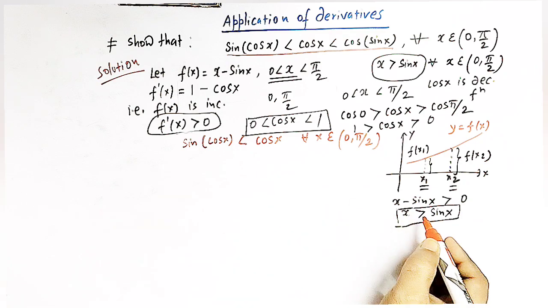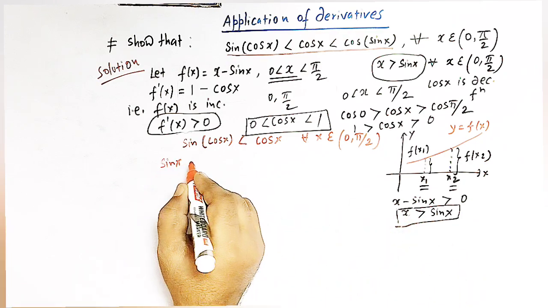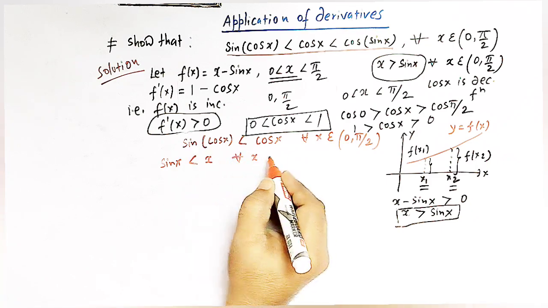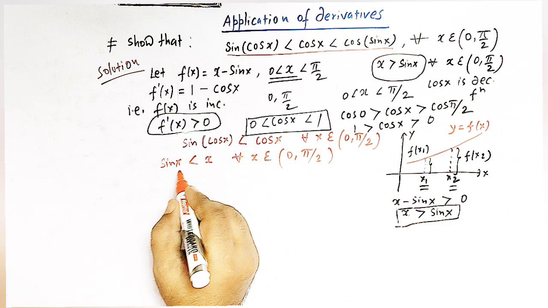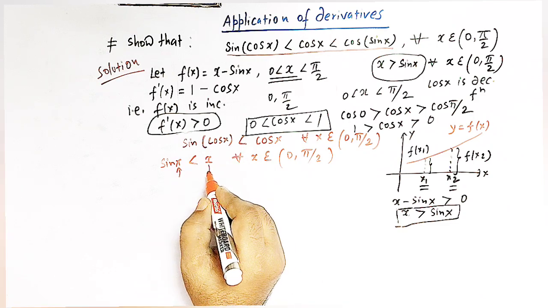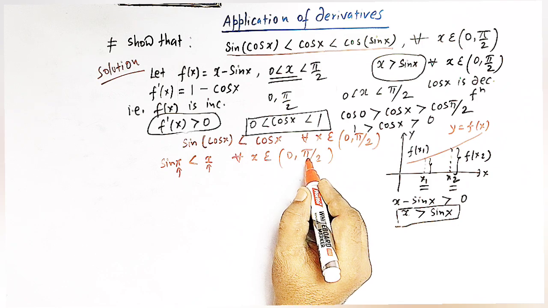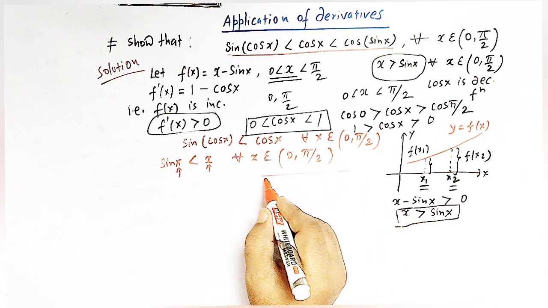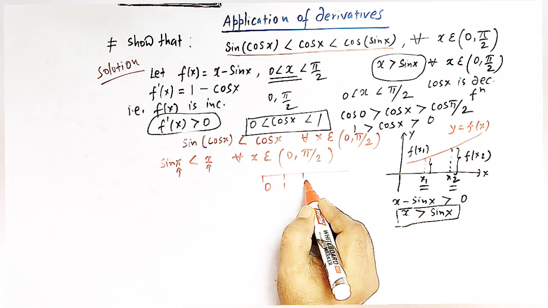See, we have just proved that sine of x is less than x for all x belonging to 0 to pi by 2. Now see, this x is a real number which lies in this interval, that is 0 to pi by 2, right? Here we have 0, here we have 1 and here we have 2.